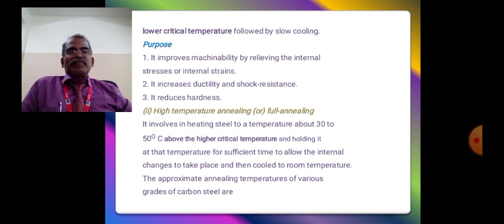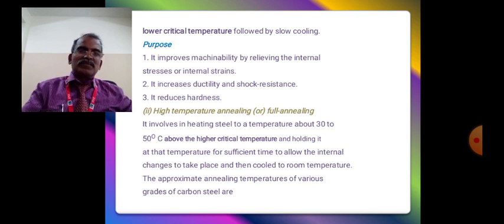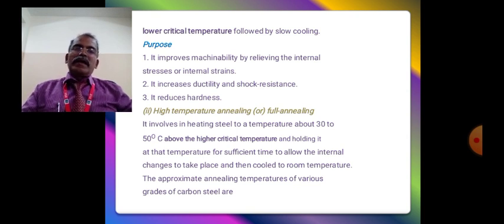The second type of annealing is high temperature annealing, full annealing. It involves heating the steel to a temperature 30 to 50 degrees above the higher critical temperature.